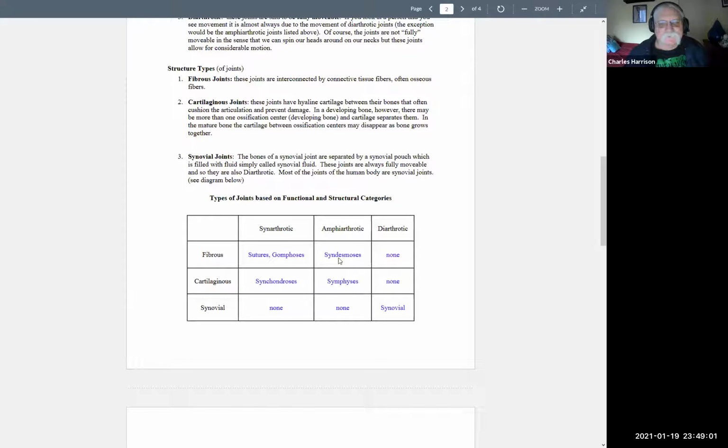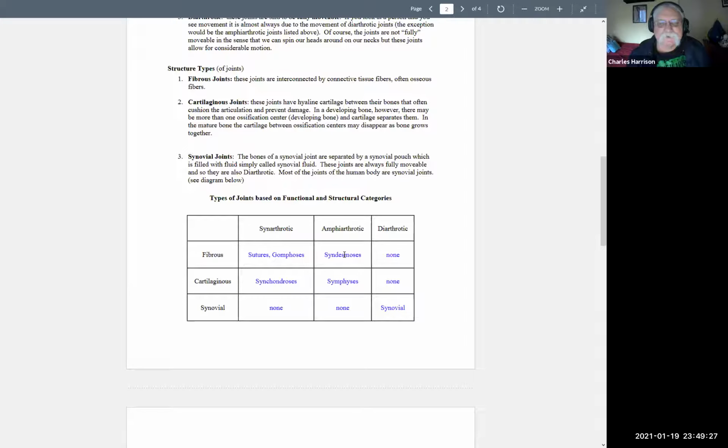I mean to know it. A syndesmosis is a slightly movable joint. How do we know? It's in this category. And it's fibrous. This is the one found between the radius and the ulna and the tibia and the fibula that we mentioned a moment ago.